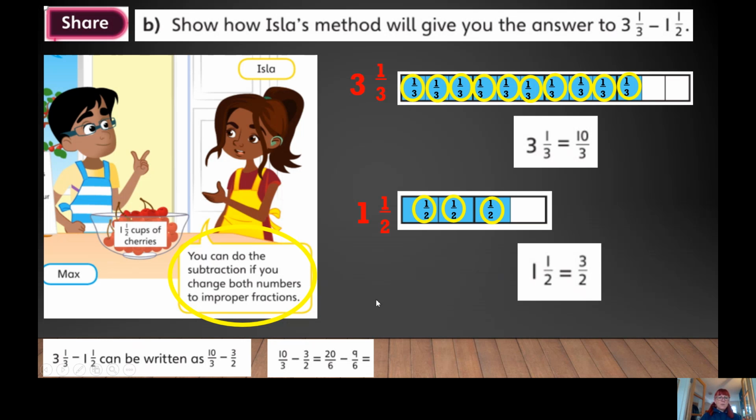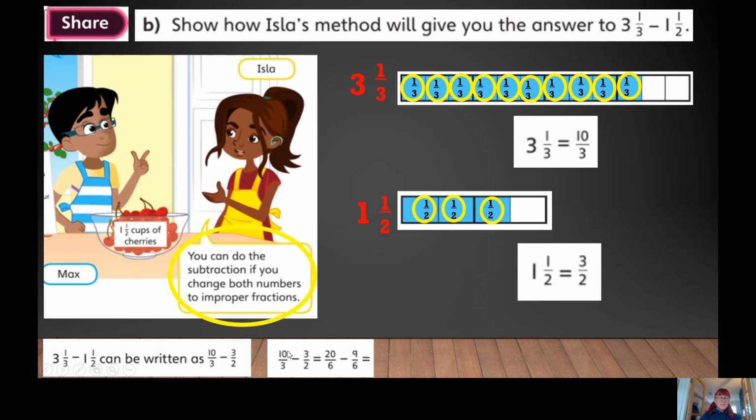So now we've got 10/3 and we're going to subtract 3 halves. But we need to find a common denominator, and our lowest common multiple for 3 and 2 will be 6. So we need to convert both of these fractions into sixths. Okay, so to get to 6 from 3, we multiply by 2.